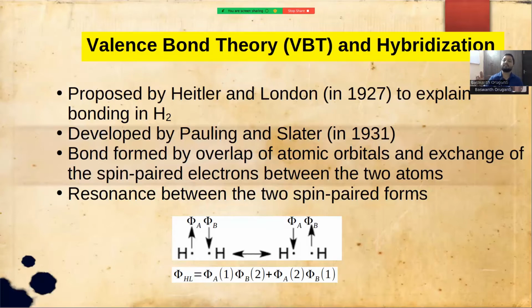The second electron is in phi A and the first electron is in phi B. The linear combination of these two represents the actual wave function. One limitation of this theory is that it accounts only for the sharing of electrons, that is, the covalent bonding between the two hydrogen atoms. It does not take into account the ionic bonding.